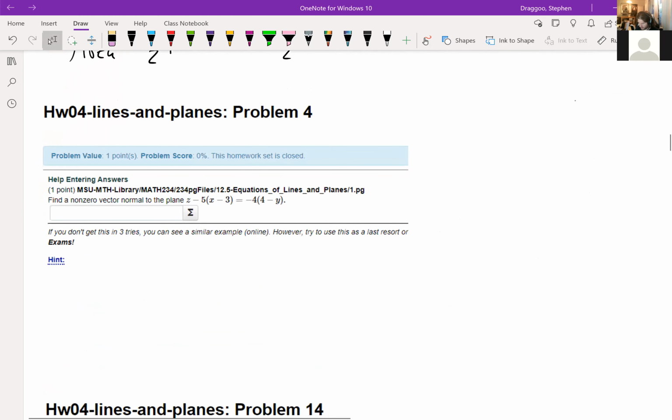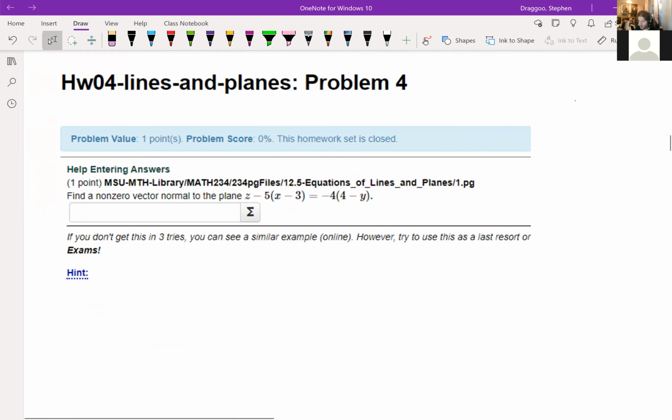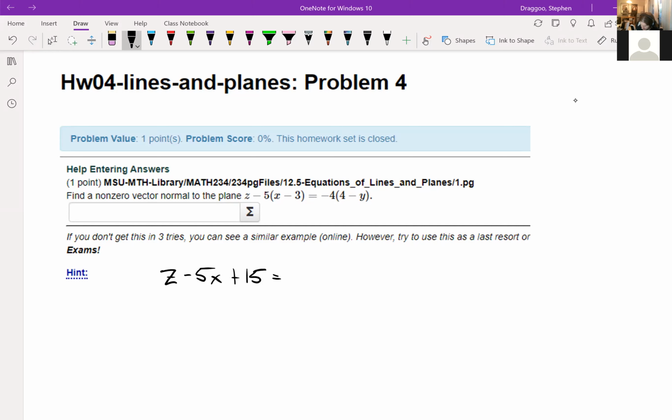This one's almost just a conceptual problem, but I thought it was worth throwing in here, because some concepts are good to look at. So I want to find a non-zero vector that's normal to the plane provided. If we multiply that thing all the way out, I've got z minus 5x plus 15 equals -16 plus 4y.